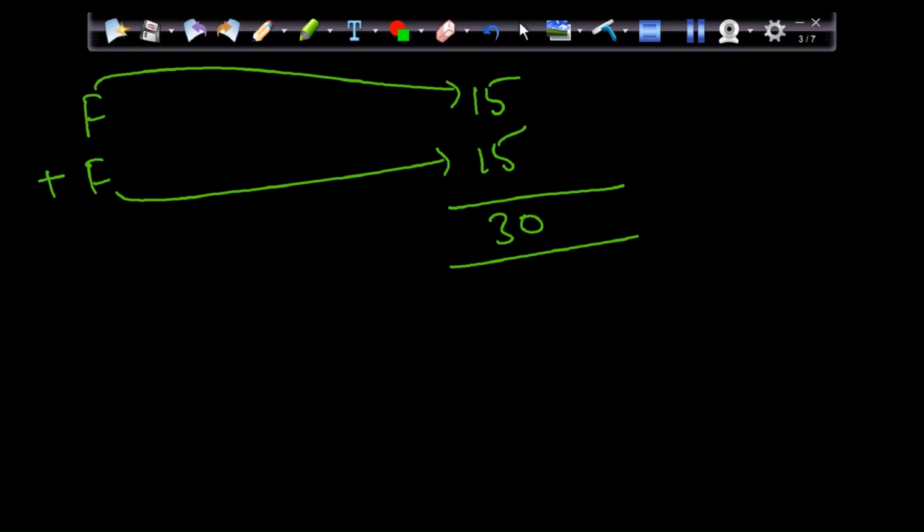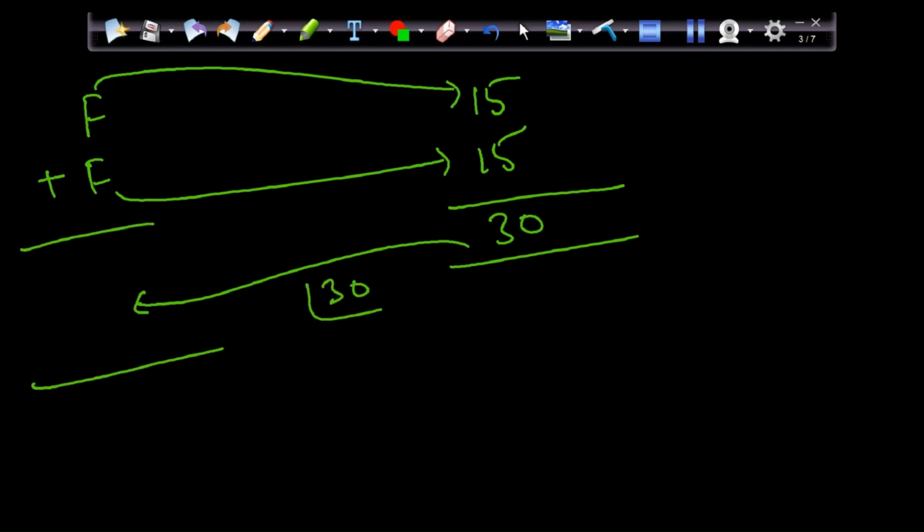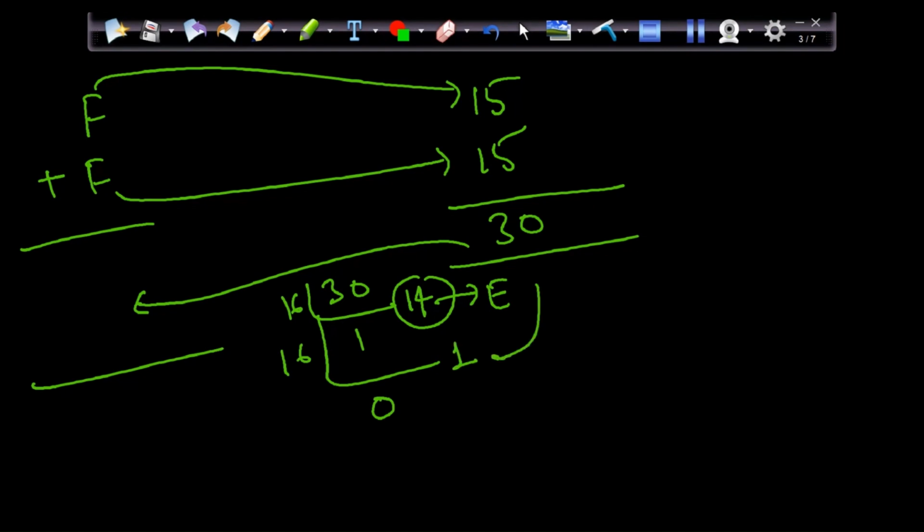So what is the hexadecimal equivalent of 30? 30 is 16 into 1, 16, and the remainder is 14. So you can write 14, and 14 is nothing but E. And then 16 into 0. This is 1. So 1E.